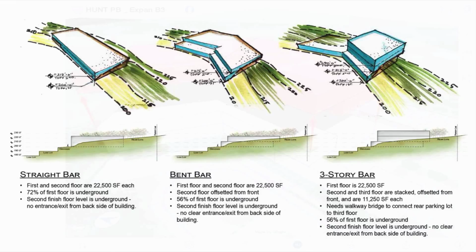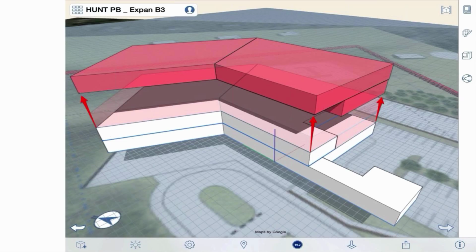We might use FormIt to understand ideas for expansion on the project and help a client with feasibility. This is looking at the idea of what if we had a third story on the building.